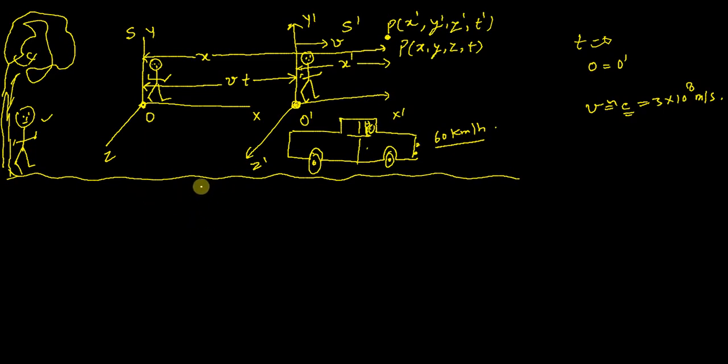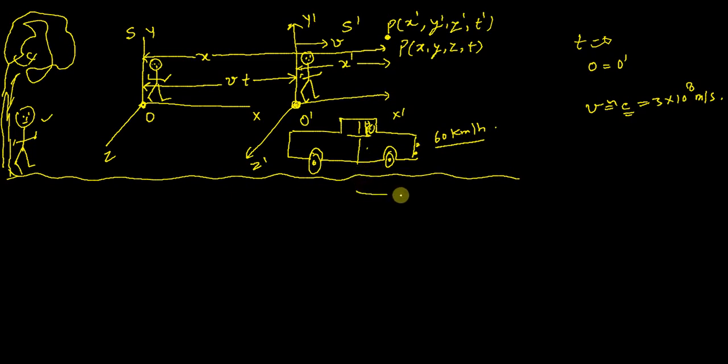If you are sitting in a train, this is the train, right? So this is a train, you are sitting, and when you were a child, at that time you observed that plants and trees move in the direction opposite to the direction of the train, right?